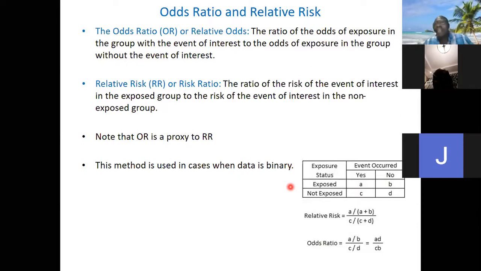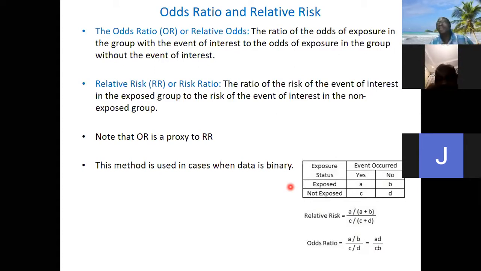You know how many people develop lung cancer among the exposed. But in the odds, you are starting with the lung cancer itself. What is the odds of smoking? Why do you say the odds of smoking? You cannot say the probability of smoking because the event has occurred. All have developed lung cancer.